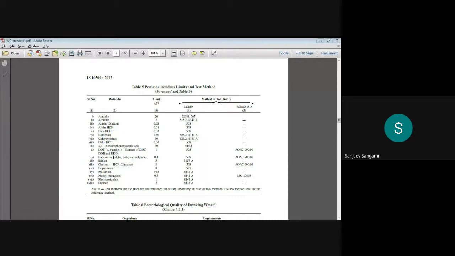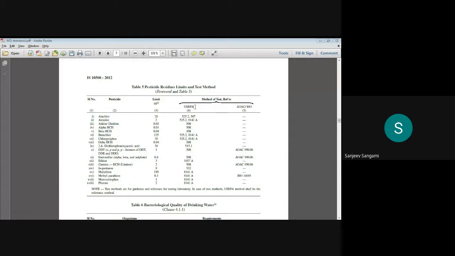Here you can find whatever code we have discussed, that is IS 3025. Here almost all the codes are by US EPA. What does US EPA stand for? It stands for United States Environmental Protection Agency. This is a big agency.